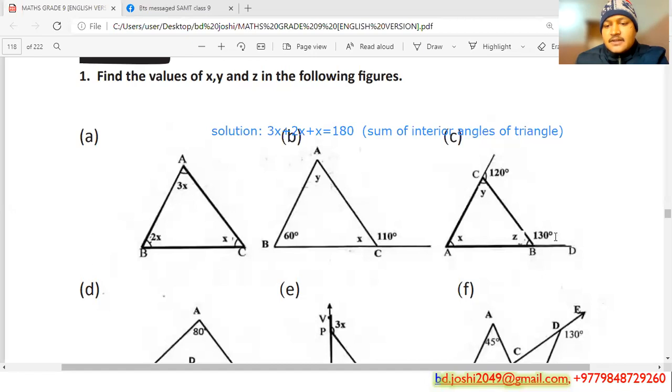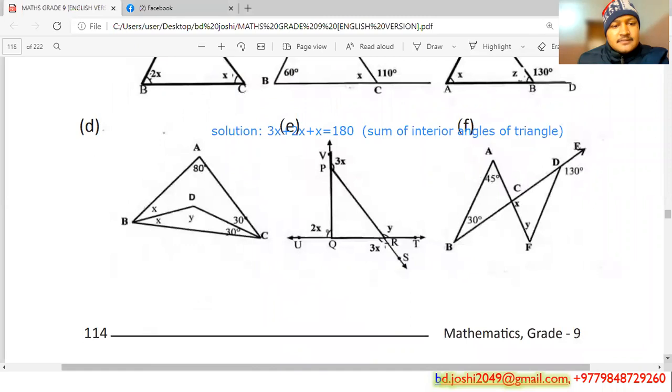Similarly, z plus 130 is equal to 180. We'll get 50. Linear equation. Then after getting the value of y and z, you will easily get the value of x. x plus y plus z is equal to 180, or x plus y is equal to 130. Okay. Yes, sir.